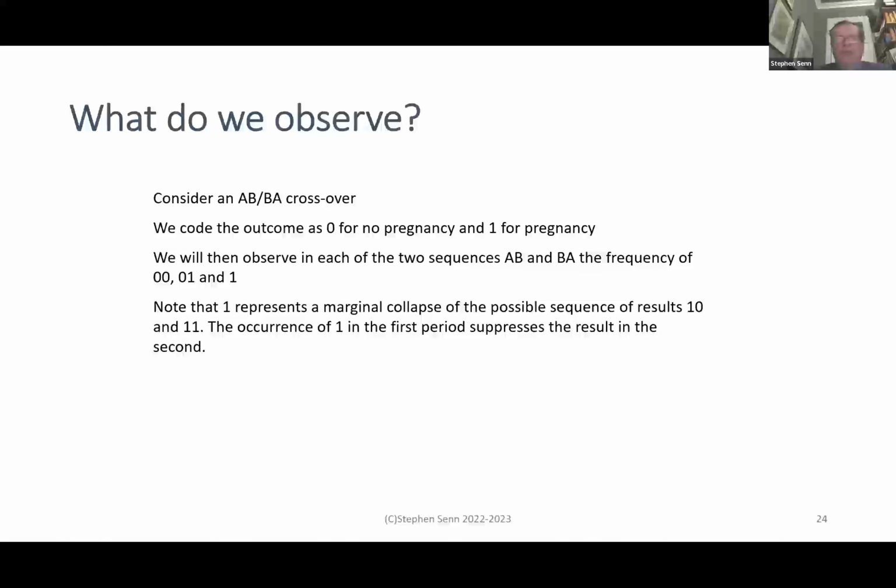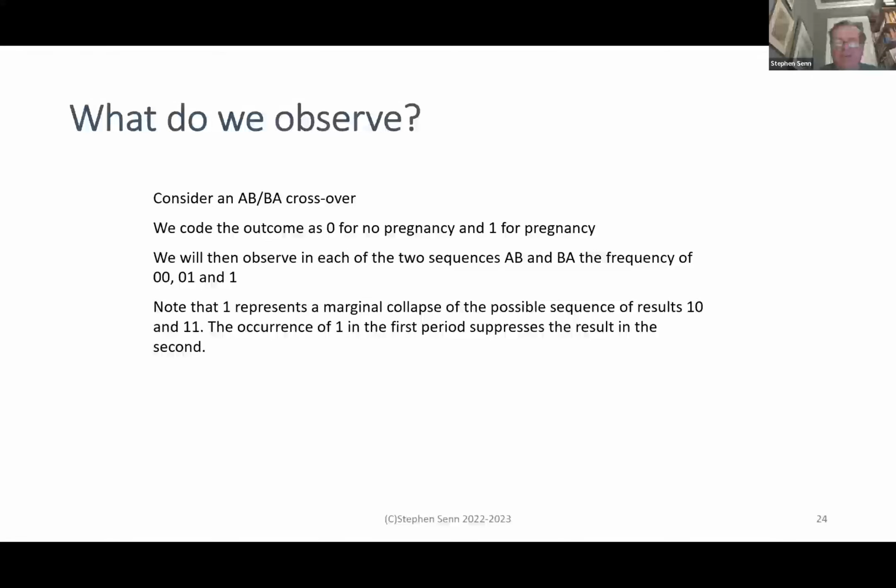So what do we observe? If you regard this as being an AB/BA crossover, and you code the outcome as 0 for no pregnancy and 1 for pregnancy, then what you will observe is the frequency of the following outcomes: 0, 0, which means that pregnancy was not achieved on either treatment; 0, 1, which means pregnancy was not achieved on the first treatment, but it was on the second; and 1, 1.